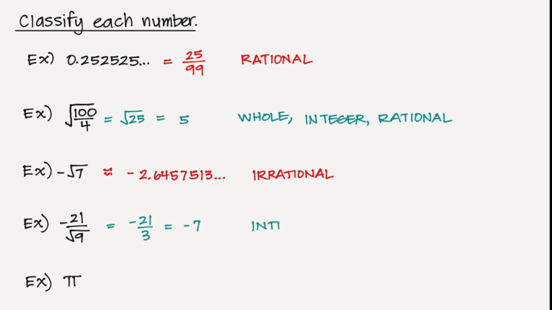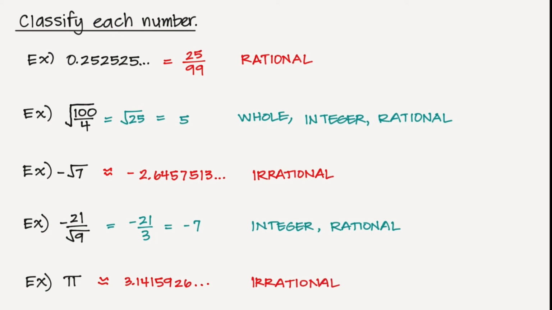And -7 would be considered an integer because it is negative. And also it's a rational number because I could write it as -7 over 1. My final example here is pi, which again I would need my calculator for. And so this would be an irrational number because it cannot be written as the quotient of 2 integers.